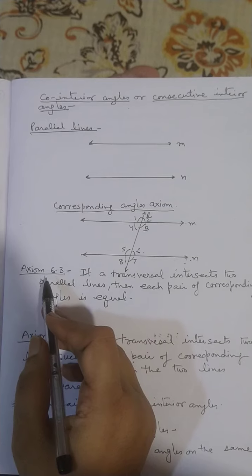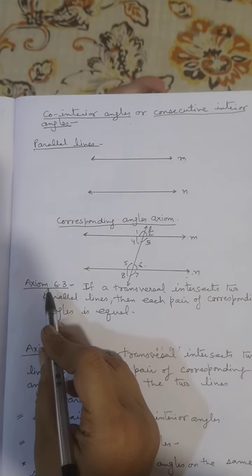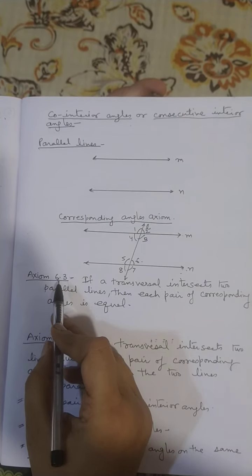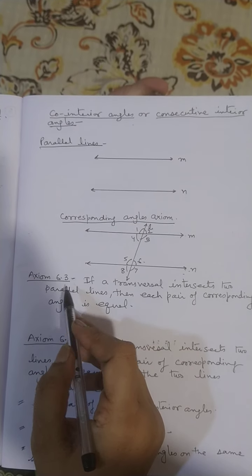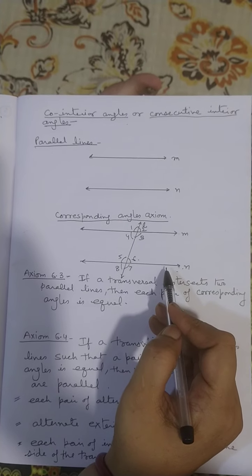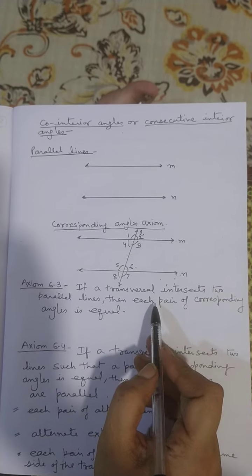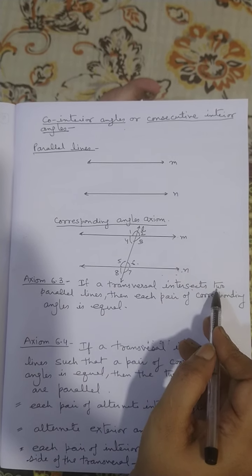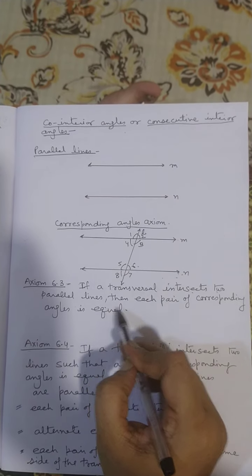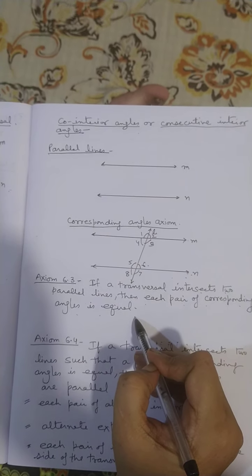Axiom means it doesn't need a proof. It is a truth and it is taken for granted. So the first axiom about parallel lines and corresponding angles is: if a transversal intersects two parallel lines, then each pair of corresponding angles is equal.